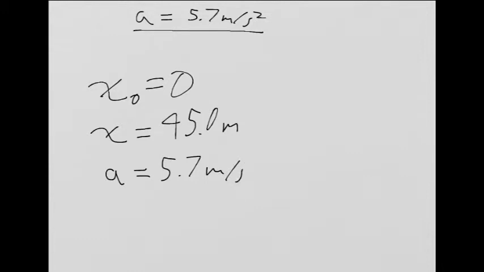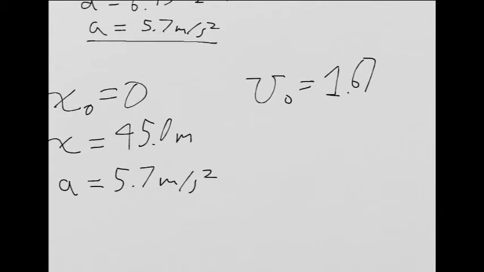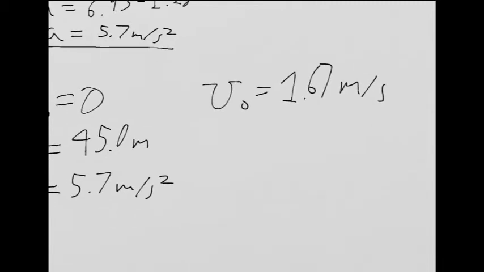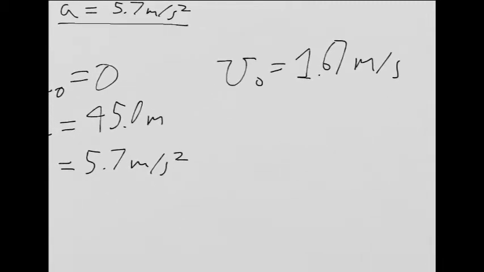Sorry, that's ugly. Initial velocity to be 1.67 meters per second. Sorry for this mistake earlier where I put squared up here. It's supposed to be just 1s, not 2. And v we don't know, that's what we're looking for. T we don't know either.